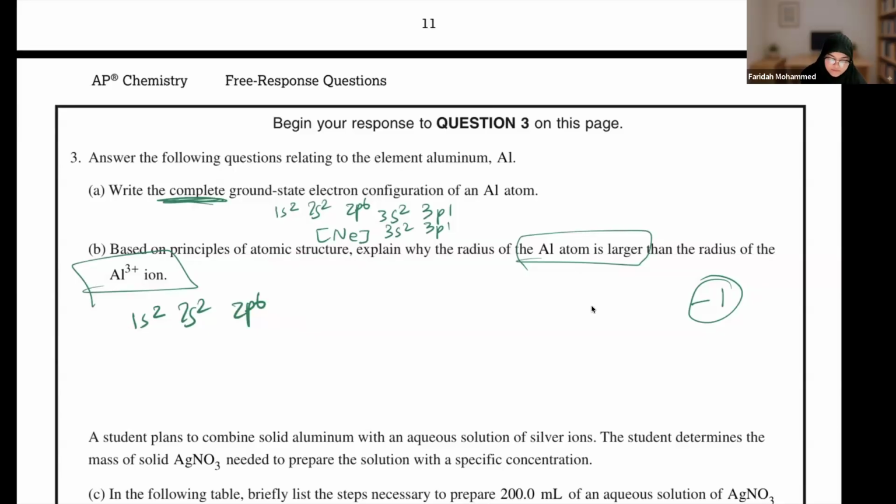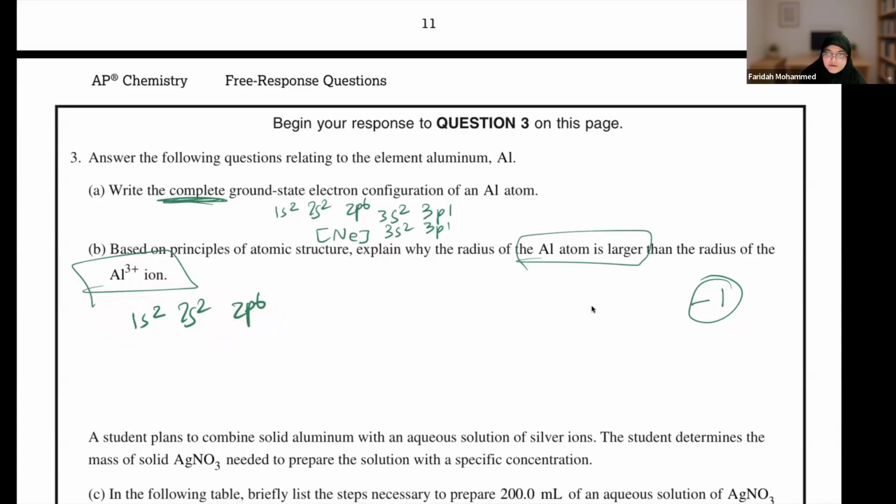So you want to say that the valence electron of Al occupies the third shell while the Al3 plus occupies the second shell. Now, if you want to go further, you can say therefore the lower distance of the Al3 plus from the nucleus means the Coulombic attraction is stronger, which causes the radius to become smaller.